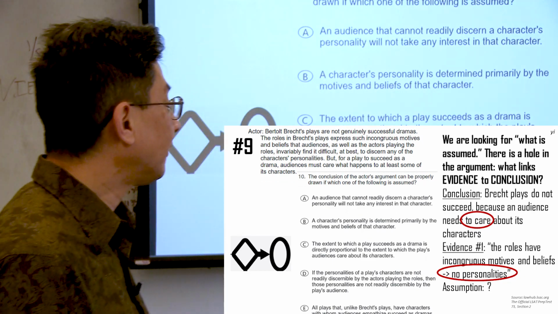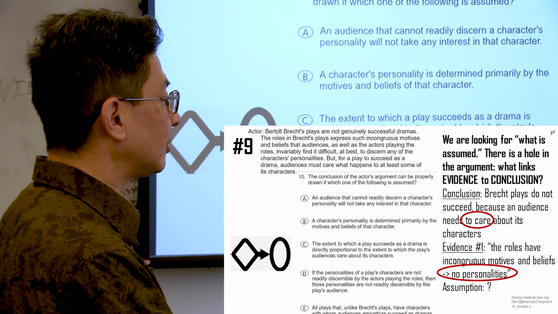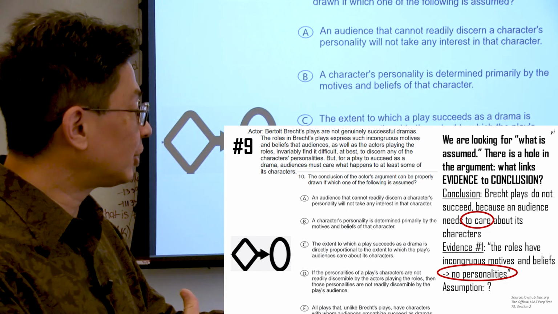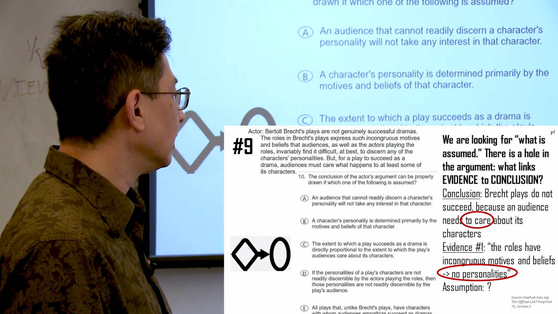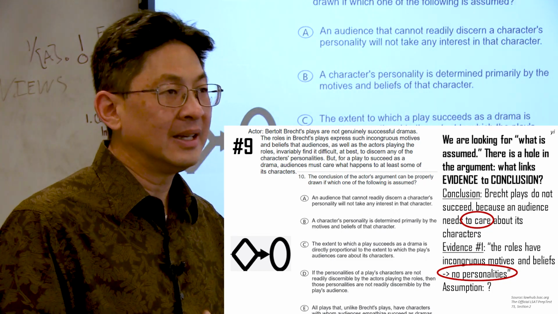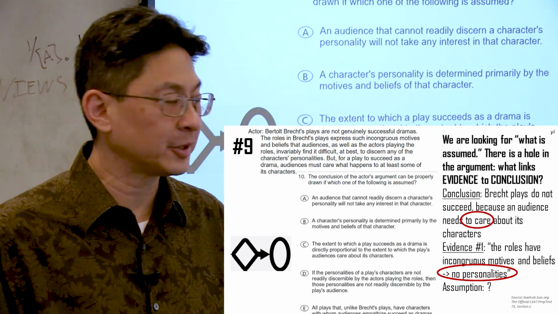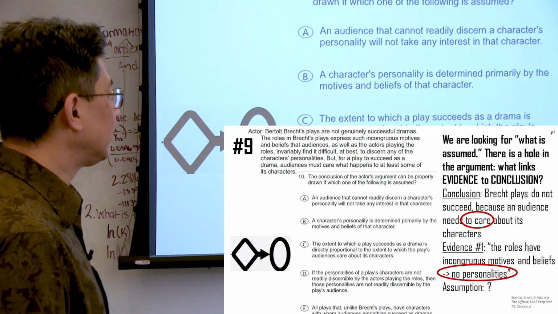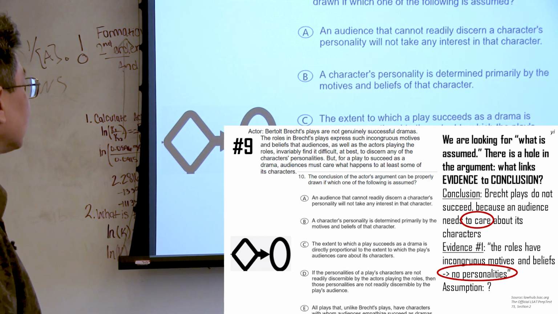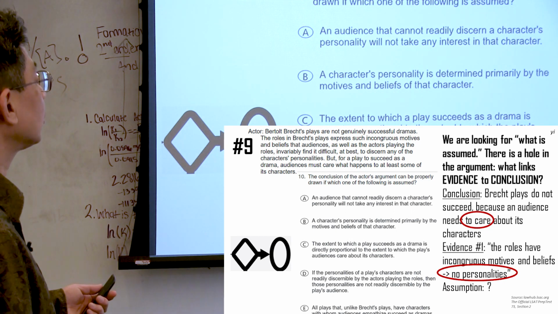Well, clearly, if they don't have personalities, there must be, to connect these two, a linkage between that and the caring about the characters. So with no personality comes no caring from an audience perspective. That's the missing assumption. So now that we've figured out what it is, we want to look for the answer choice that matches. Does A match?